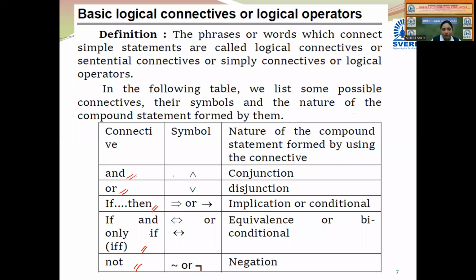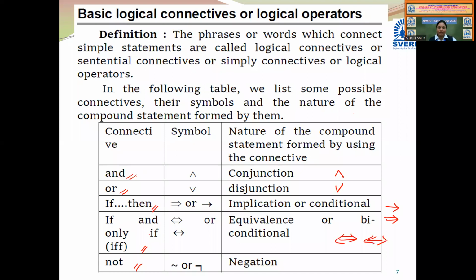Next, the notations we will remember. And is always denoted by conjunction. Or is always denoted by disjunction. If then is denoted by a single arrow, or we can write a double arrow also. Both notations are okay. If and only if is denoted by a double arrow, with arrows on both sides.